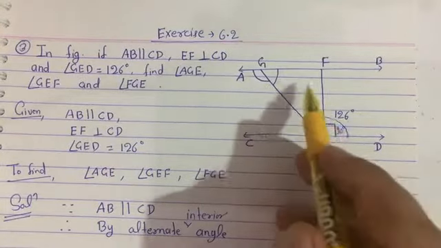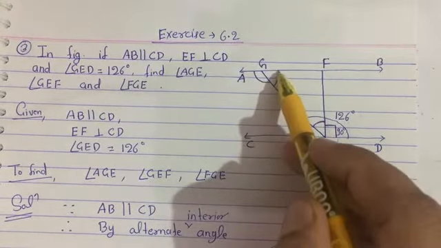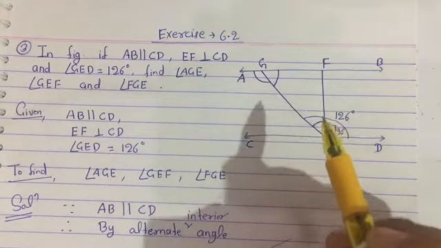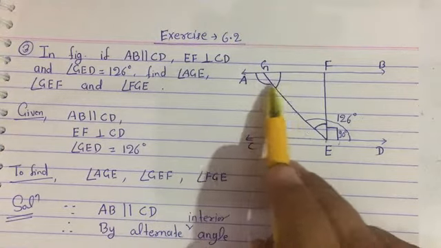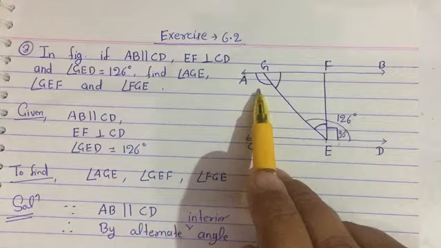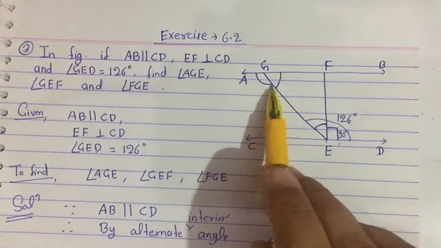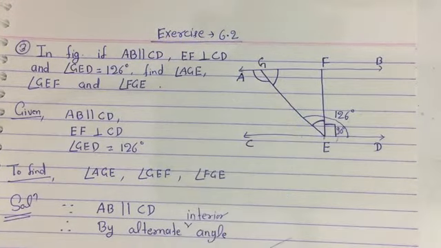Look in the figure, angle FGE, this angle. I think you can clearly see the relationship between these two angles, and this relation is of linear pair. Now you know this angle, so you can apply the linear pair property for this one.